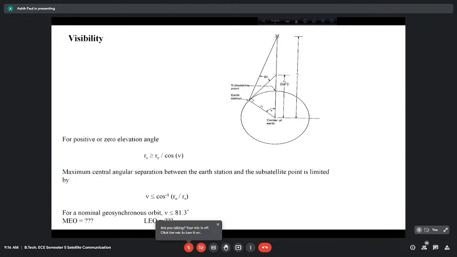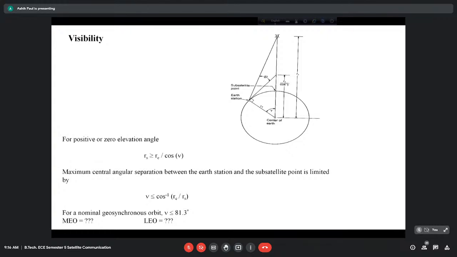So this inequation sets the quantitative condition for which a particular satellite signal will be visible from an Earth station.